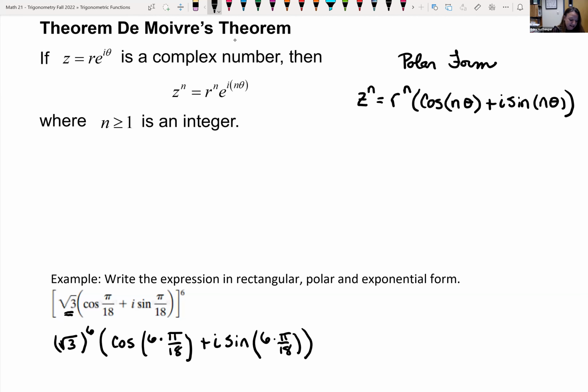So let's simplify this a little bit. I noticed that 6 goes into itself once and 18 3 times. Also, I'm going to use the rules of exponents. The square root of 3 is the same thing as 3 raised to the 1/2 power. And I know power to power.